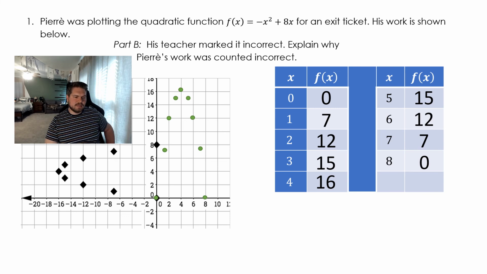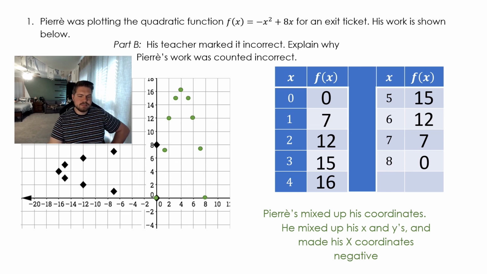However, he also made his new x's negative, or what would be the y's. So Pierre was mostly on the right track, he just mixed up his coordinates. So this is kind of my explanation right here. Feel free to copy that down.